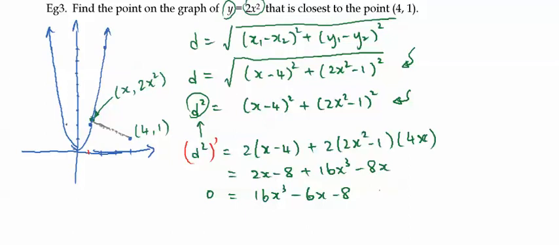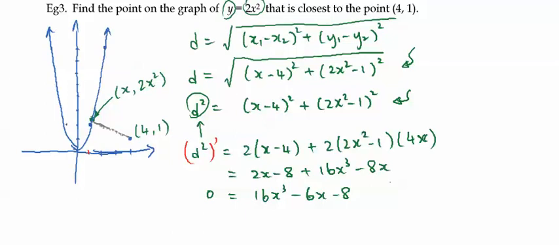Now, of course, this is a polynomial. This is a cubic polynomial. And in this case, unless you are to try it with the rational root theorem or using long division, you probably will have a very hard time solving for x.